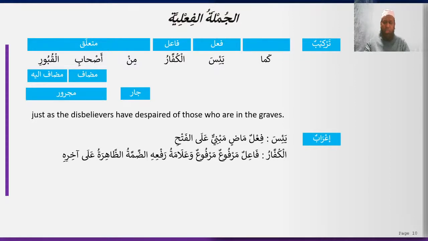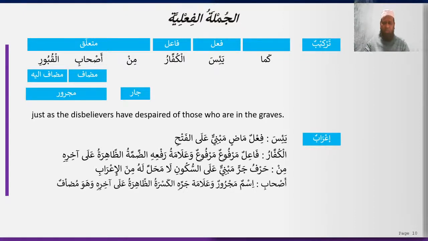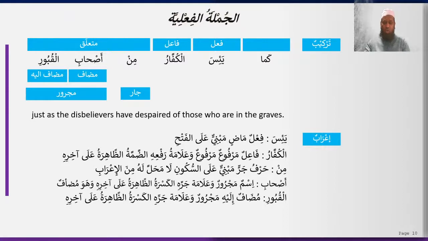Why is it marfu'? فاعل مرفوع وعلامة رفع ضمة الظاهرة على آخره، and من حرف جر مبني على السكون لا محل له من الإعراب. أصحاب اسم مجرور وعلامة جر الكسرة الظاهرة على آخره. القبور مضاف إليه مجرور وعلامة جر الكسرة الظاهرة على آخره. وشبه الجملة من الجار والمجرور متعلق بيئس.